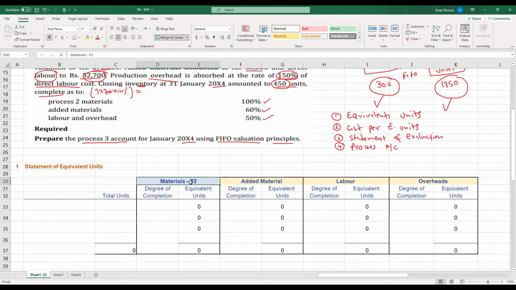First of all, we'll take the opening inventory.